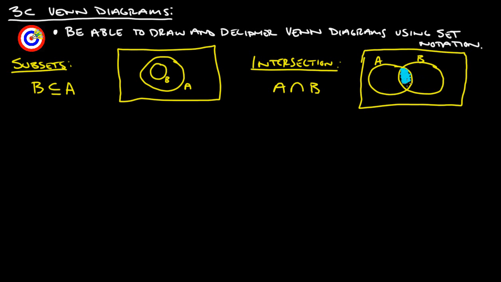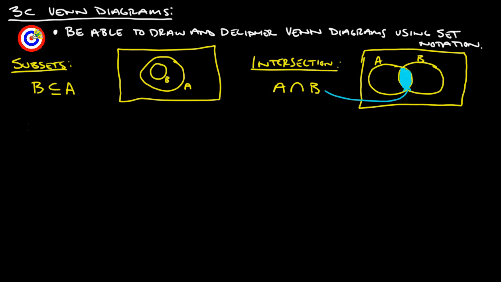So everything that's in both of those sets will be the intersection. So A intersect B is right there.